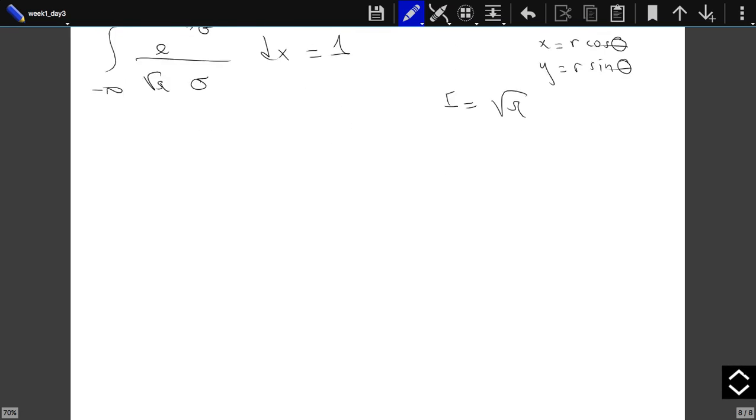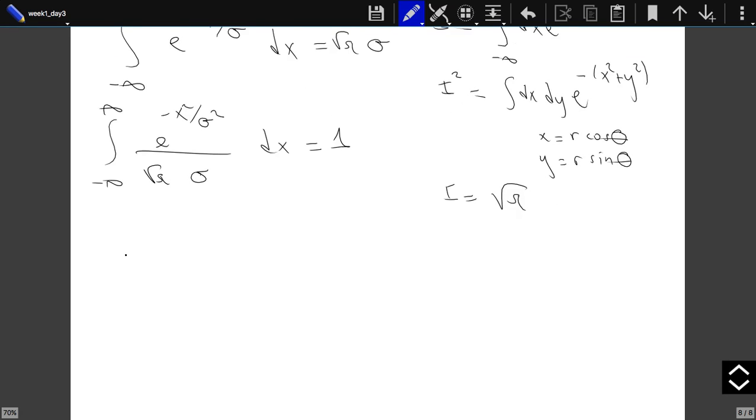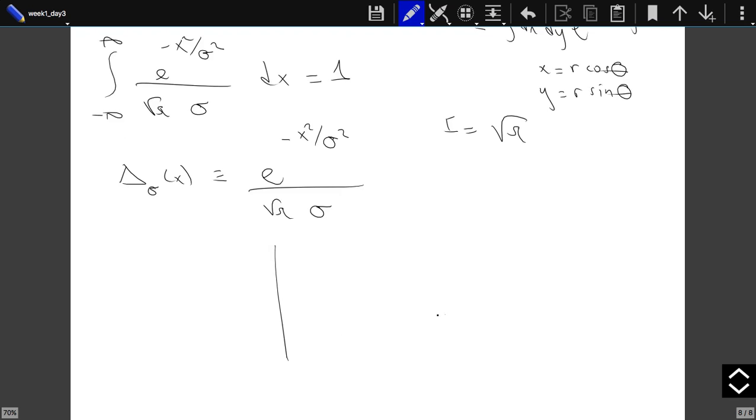Now furthermore, if you just would plot this function, let's say delta sigma of x, that function looks like this. So basically sigma is somewhere over here.